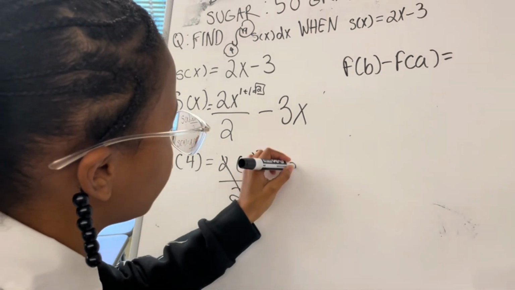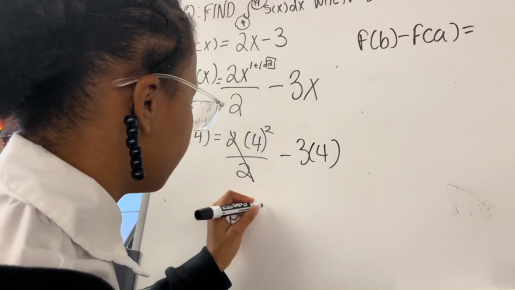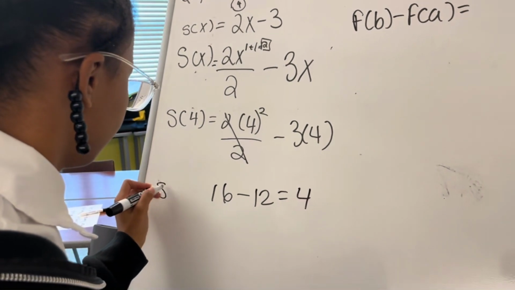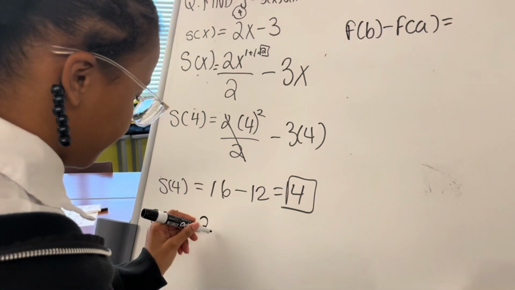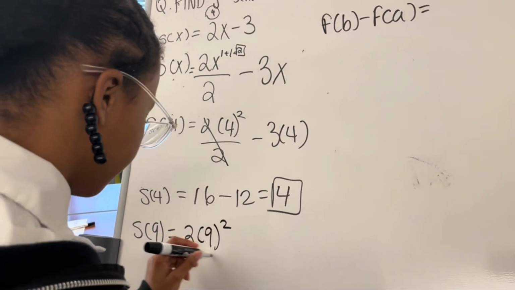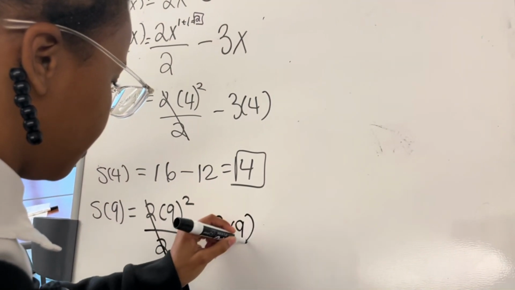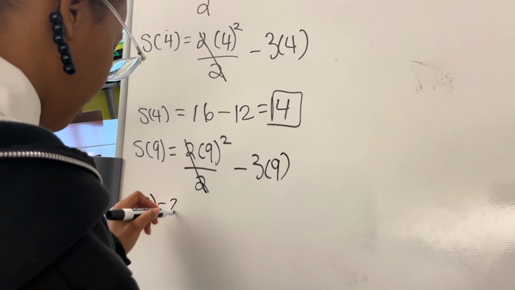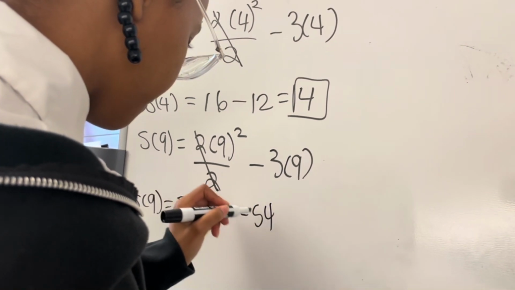That crosses out, minus 3 by 4, which leaves you 16 minus 12, which gives you 4 for s of 4. For s of 9, you'll have 2 by 9 squared over 2. That crosses out, minus 3 by 9, which gives you 81 minus 27, which equals 54.